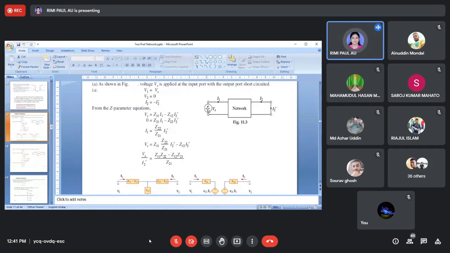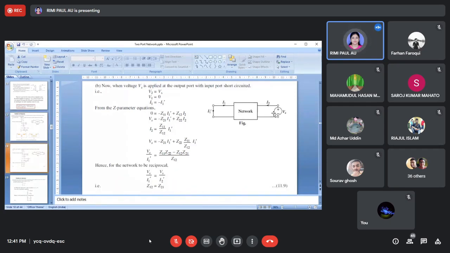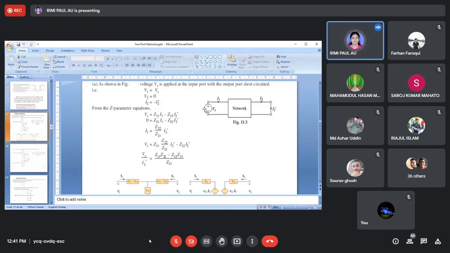So if I take the ratio Vs by I2, this will be equal if the circuit is reciprocal. Then if I change this supply from the input port to the output port, and measure the current at the input port, the ratio will be equal. So now I am giving input port voltage supply Vs, and I am getting current at output port I2 prime. So the excitation by response ratio is Vs by I2 prime.